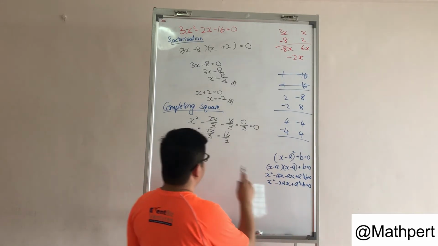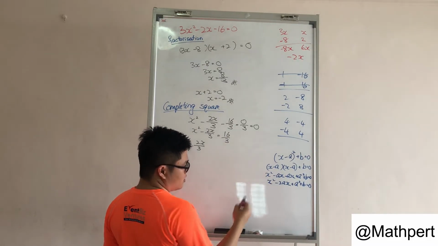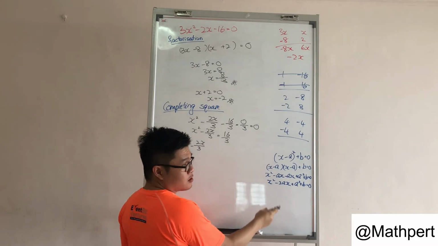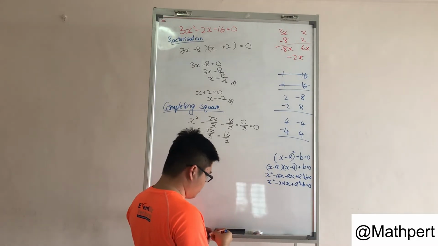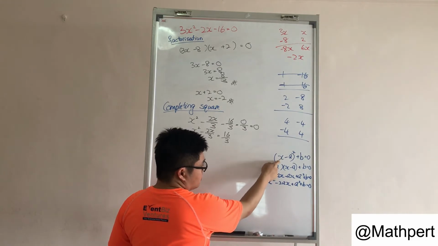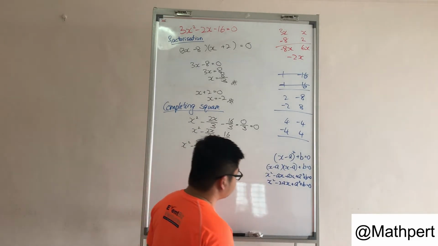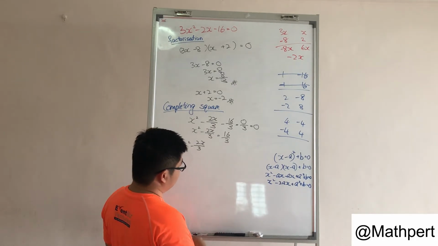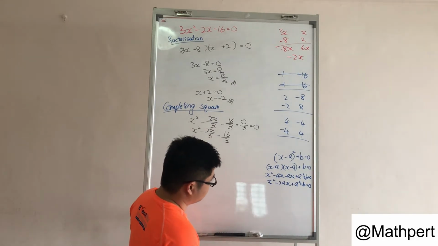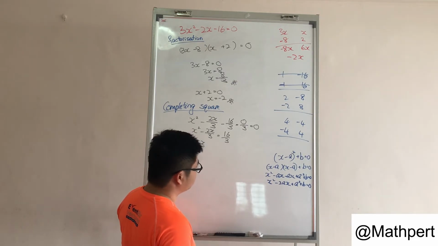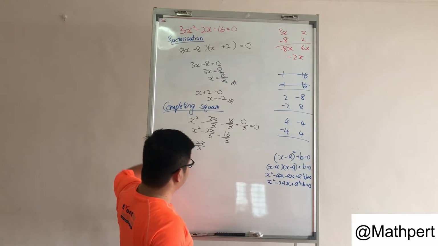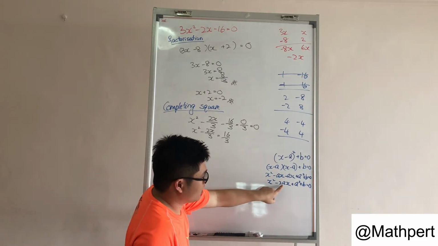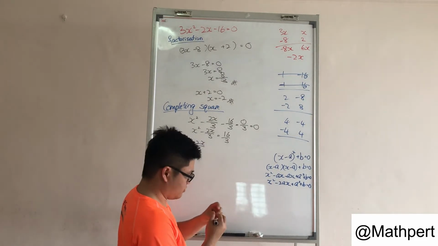So we have to change this into this format. When it becomes this format, we can reverse it. So how do we get a? This negative 2x over 3 corresponds to negative 2ax.